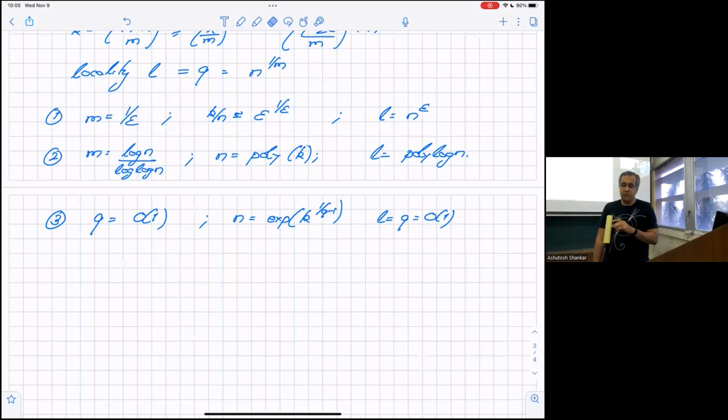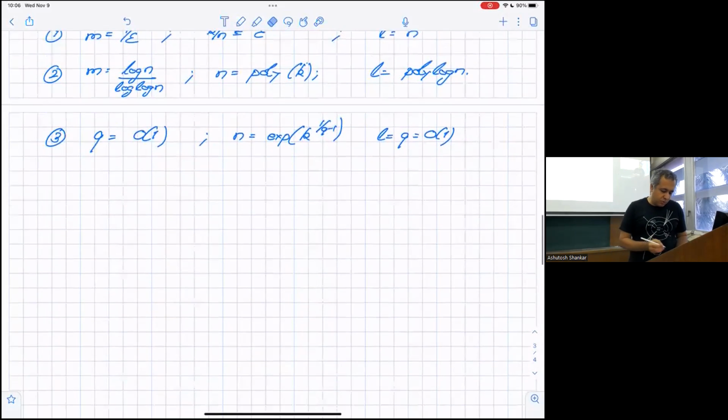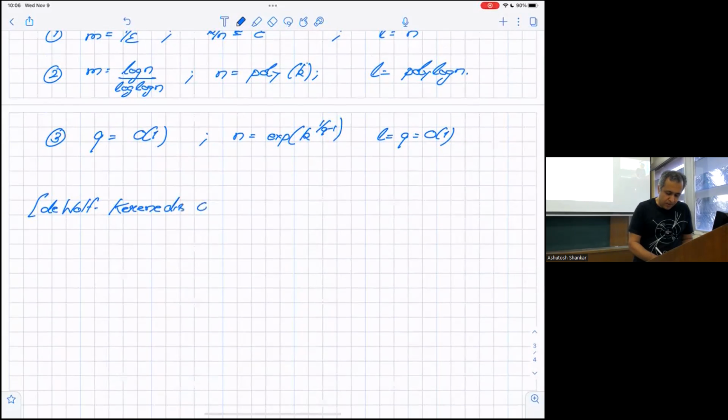So for a long while, it was believed that this is always the case. First, people asked, can we improve on 2 queries? Can we do anything better than Hadamard? And then there was a result in 2004 due to DeWolf and Kerenidis, which says that any 2 query LDC must have inverse exponential rate.